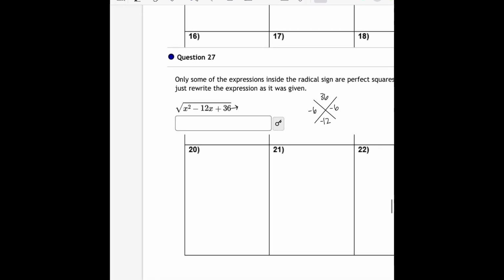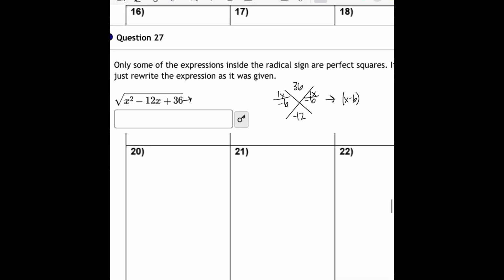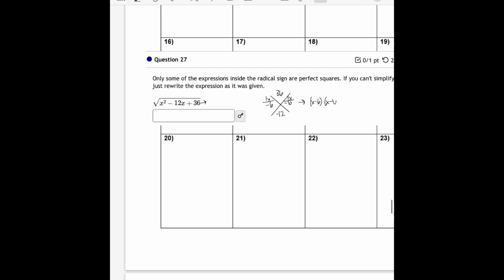So then what we do with it is this comes out to be, so we're going to have 1x over that and 1x over that. And that comes out to be x minus 6 times x minus 6. Which, of course, is just x minus 6 squared underneath the square root. So all this one is x minus 6. Isn't that silly that that comes out to be x minus 6? Okay, so those might happen too.